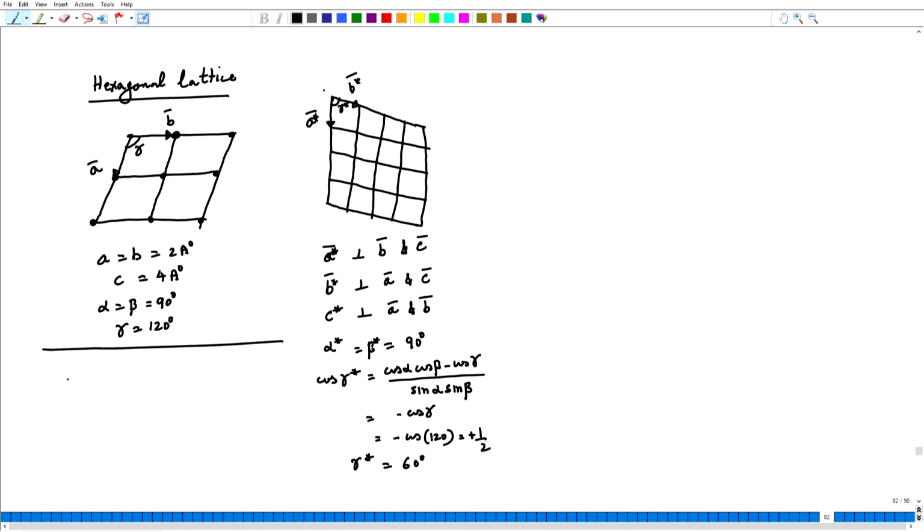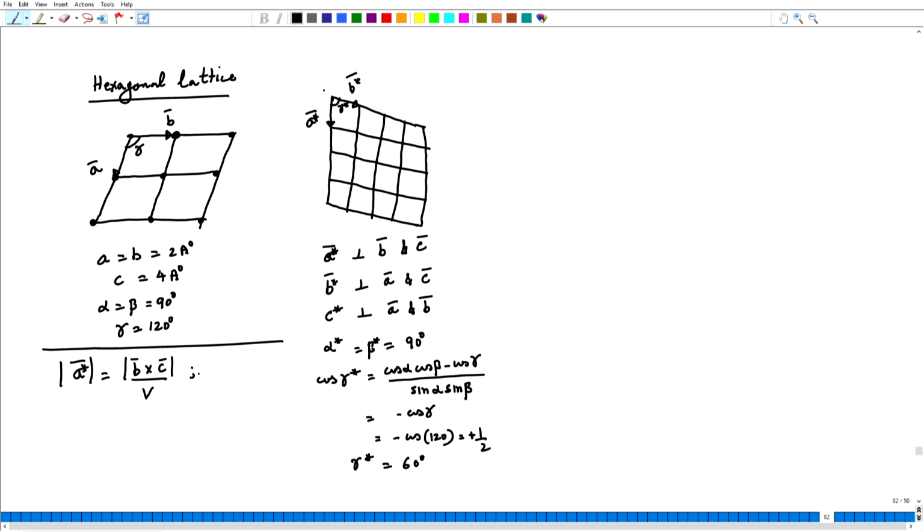One can actually calculate from first principles that the vector A star is simply B cross C divided by the volume, and its magnitude would simply be the magnitude of the cross product divided by the volume.